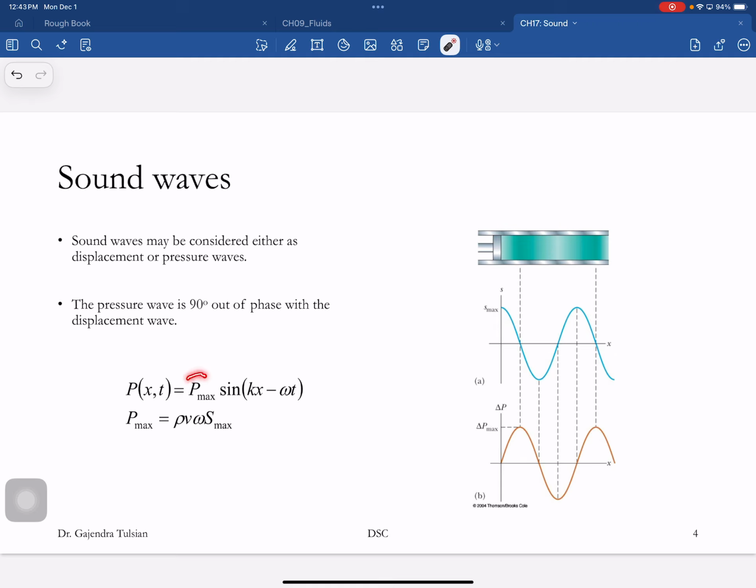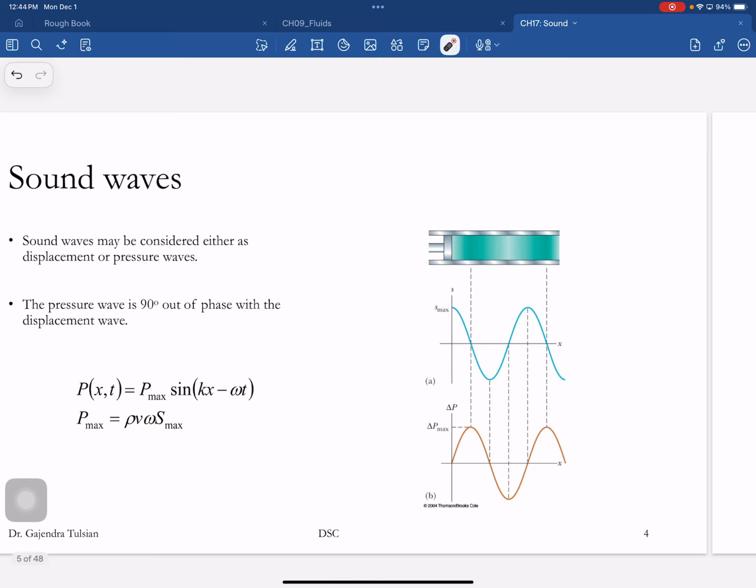The amplitude of the pressure wave is given by the density of the fluid, the velocity of the sound wave, and the frequency of the sound wave. And where is the frequency coming from? That's the frequency at which you're vibrating the oscillator. And this is the amplitude of the air molecules. The greater the amplitude of the air molecules, the greater the pressure amplitude of the pressure wave.